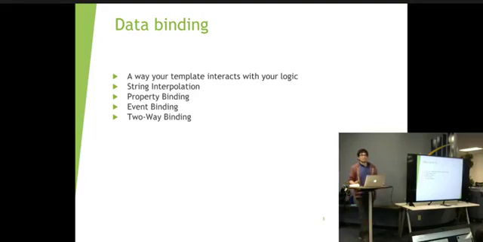Angular does it through double curly brackets, and whatever expression you put in there, as long as that expression evaluates to a string, gets outputted as a string onto your template. Another way is property binding, which is done through square brackets.